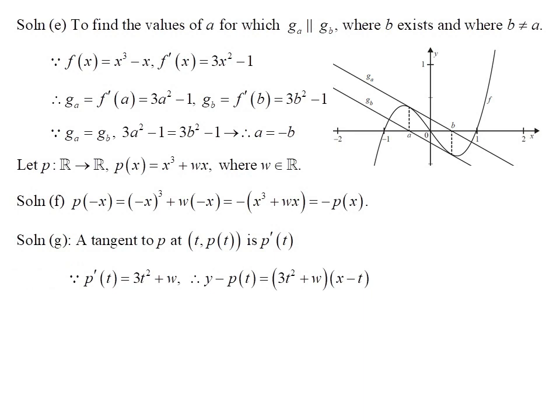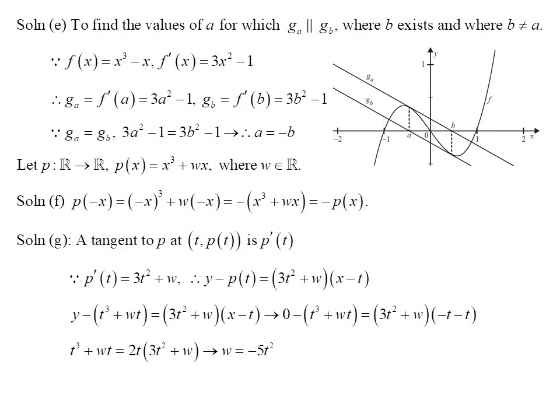Since p prime of t equals 3t squared plus w, the line equation becomes y minus p of t equals 3t squared plus w, in parentheses, multiplied by x minus t, in parentheses. As p of t equals t cubed plus wt, the line equation is simplified to t cubed plus wt equals 2t multiplied by 3t squared plus w, in parentheses, which gives w equals negative 5t squared. As we know, t is not equal to 0, so w is less than 0.